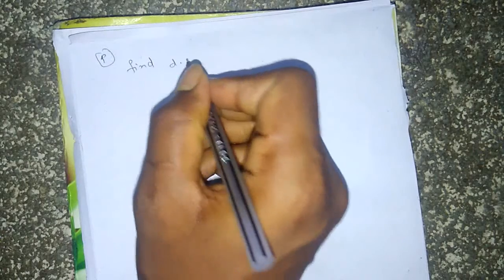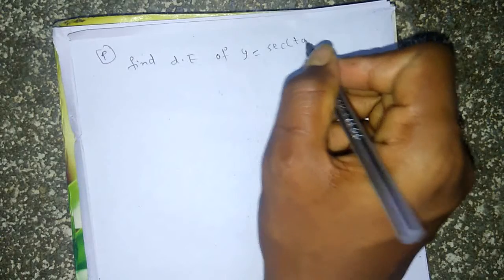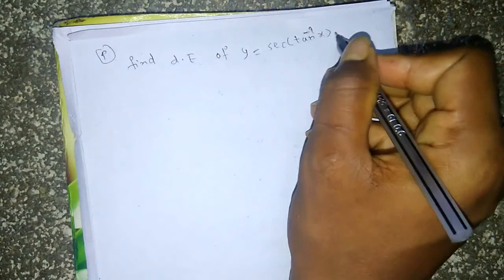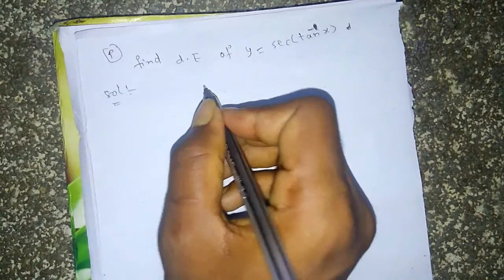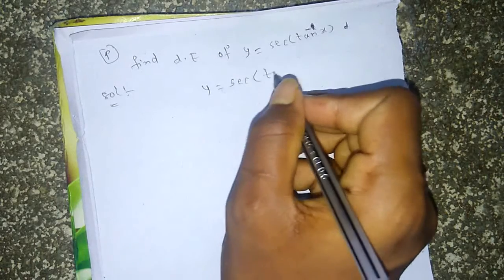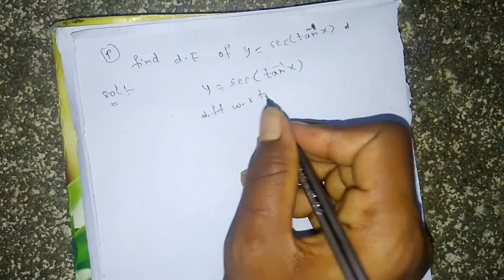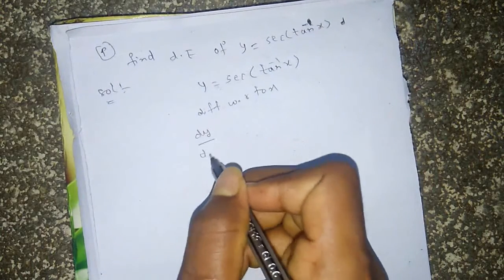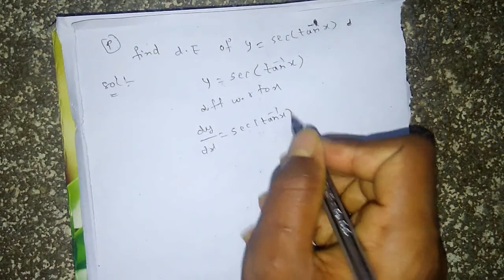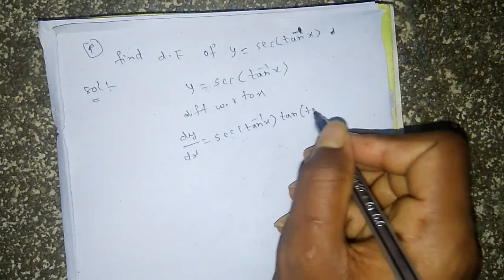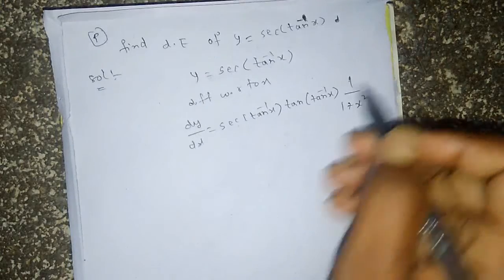Find the differential equation of y is equal to sec of tan inverse x. Here given y is equal to sec of tan inverse x, differentiate with respect to x. Dy by dx is equal to sec of tan inverse x, tan of tan inverse x into the derivative of tan inverse x, which is 1 by 1 plus x square.